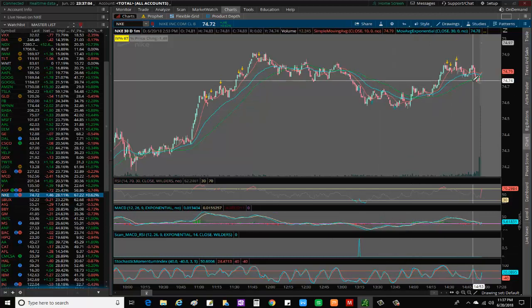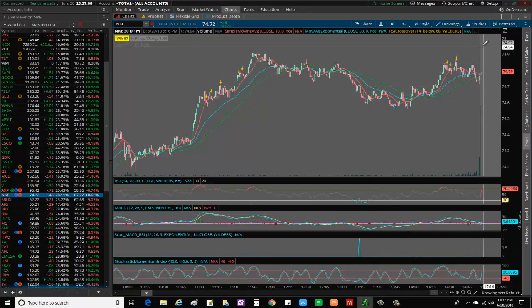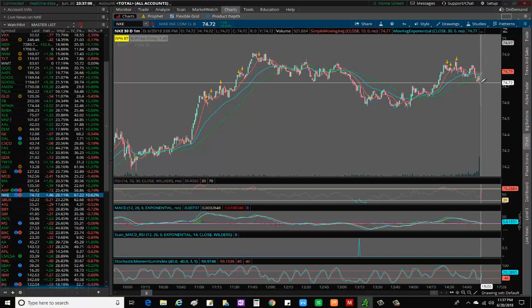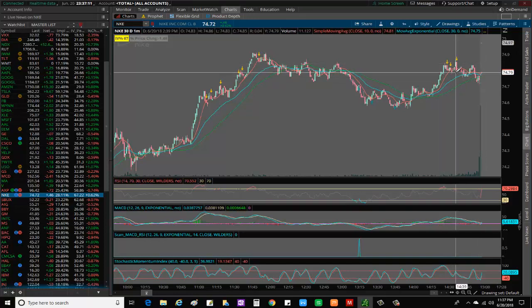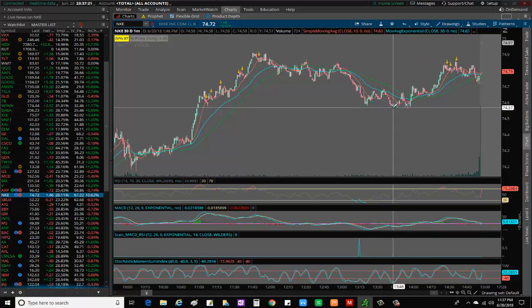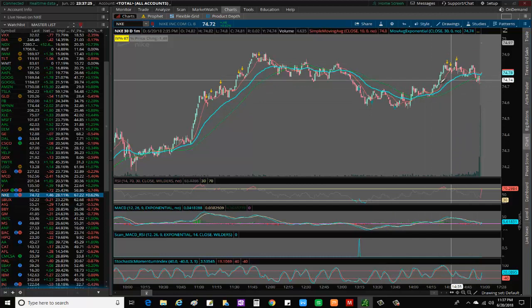The way I would go about trading this is to wait and see what happens at the open. If it continues lower, maybe it breaches the support zone here, where price came down, failed higher, failed again higher, failed again higher, and of course went back to a bullish move.